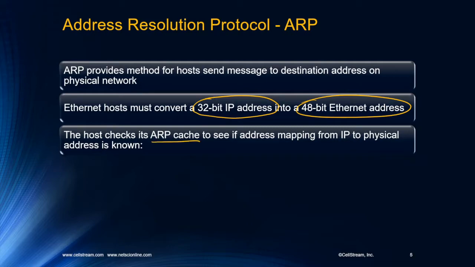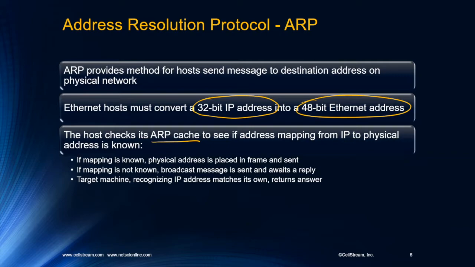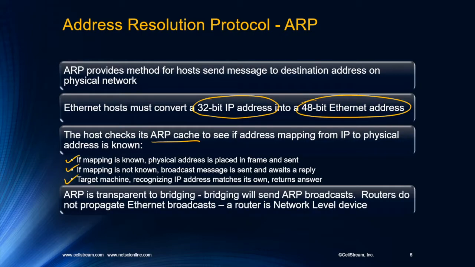It's called the ARP cache. If the address is already known, so I have already sent something to the printer and that entry has not left the cache, then I can proceed. I don't need to send any ARP messages. If I don't know where that device is, then I will send out this ARP request, and then the target machine, as we said, will answer.